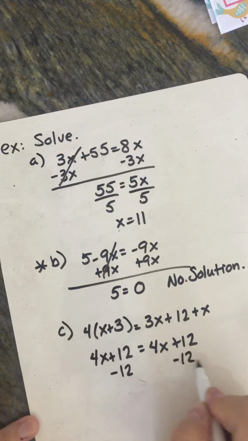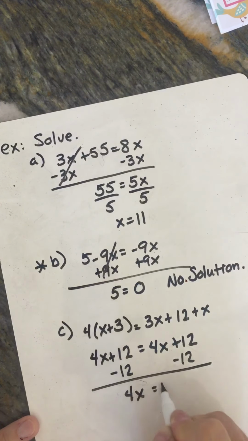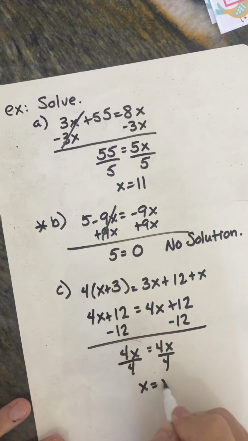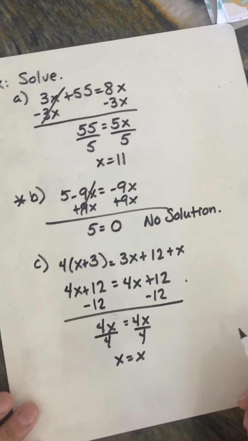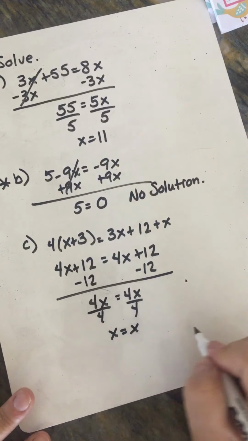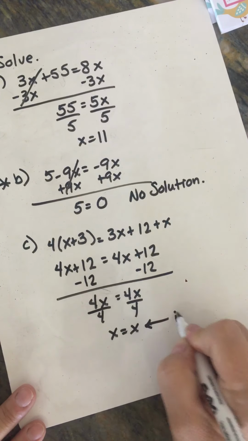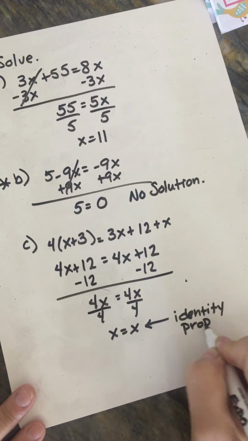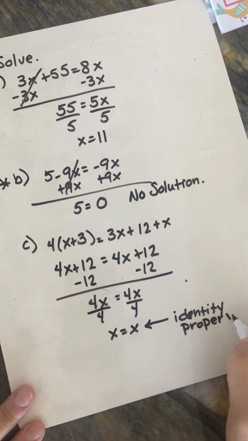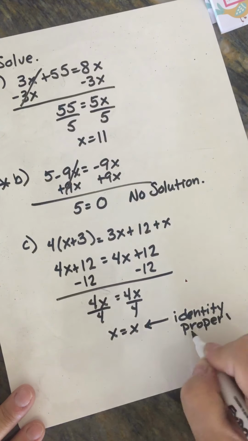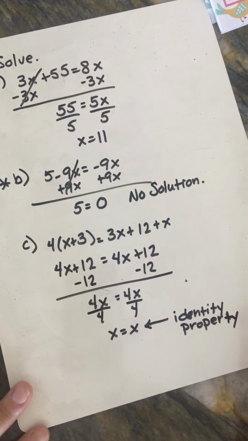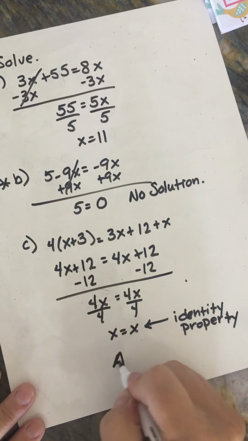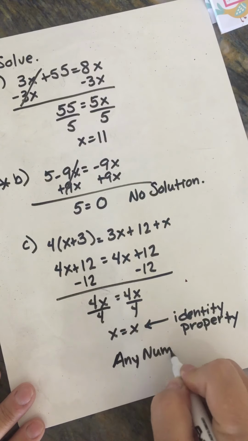Minus 12, so 4x equals 4x. Interesting. If we divide by 4, we get x equals x. When is x equal to x? Always. This is the identity property. Or if you're fresh out of geometry, this would be like the reflexive property. And so your solution is any number. You can put any number in there and it'll work.